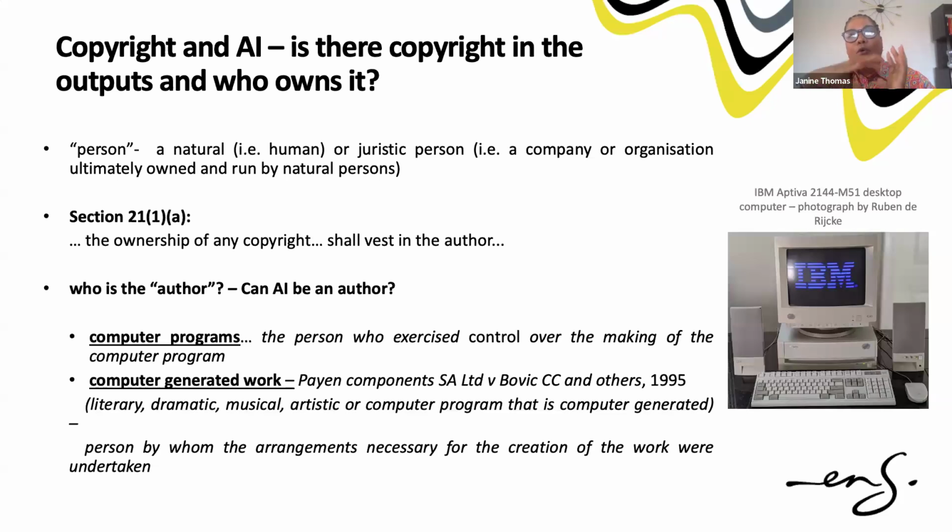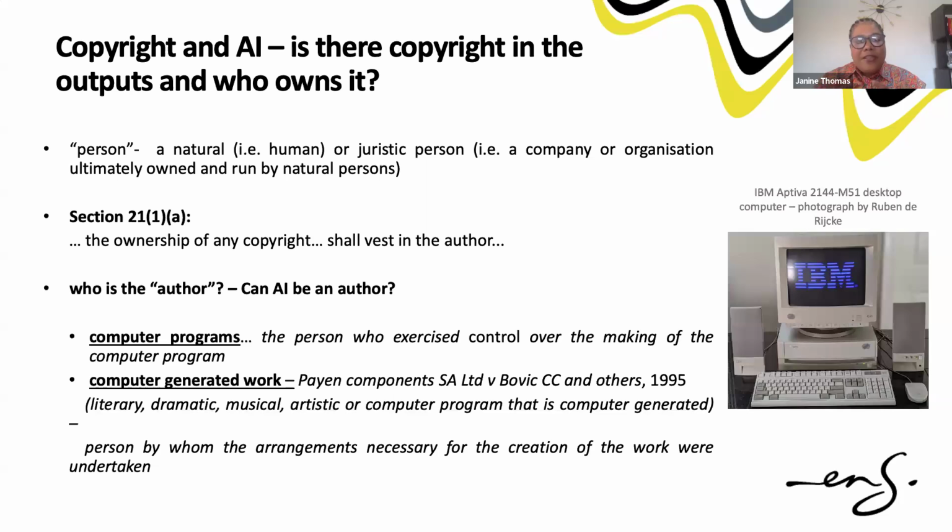Now, when we look at the aspect of copyright and AI, there are three essential buckets of issues that arise. The first is around whether there is copyright that actually subsists in the outputs generated by AI, and if so, who owns them? The reason this becomes a point of discussion is because copyright law is very centered around the author of the work. The author is generally defined as a person, which is a natural or juristic person.